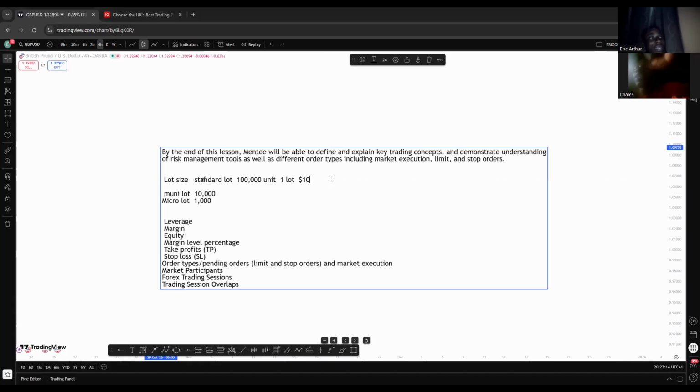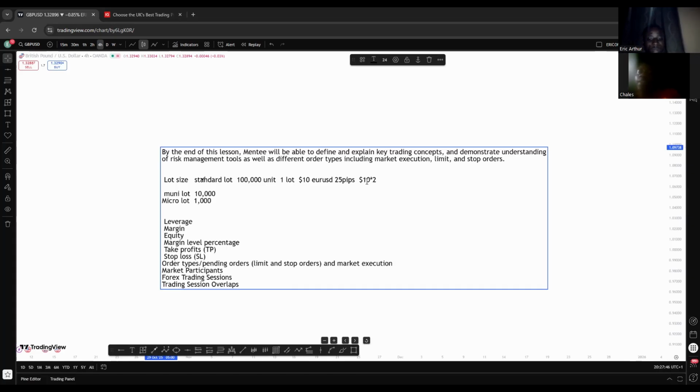So let's say the market moves, let's say EUR/USD moves 25 pips. That means $10 times 25 pips.